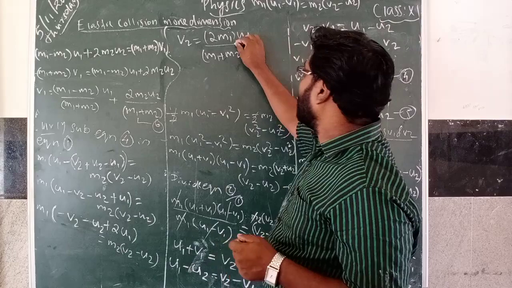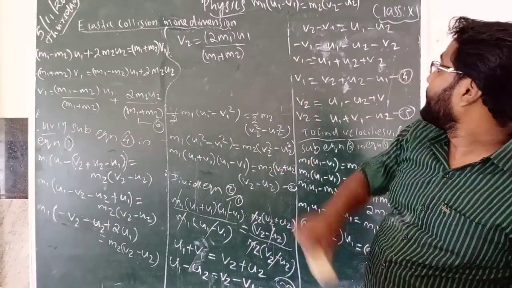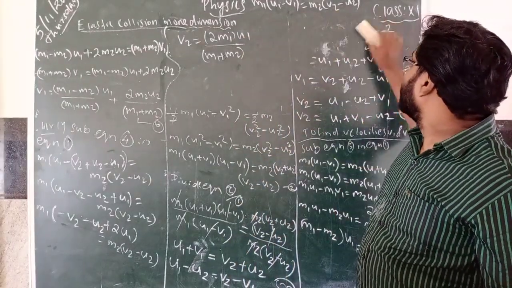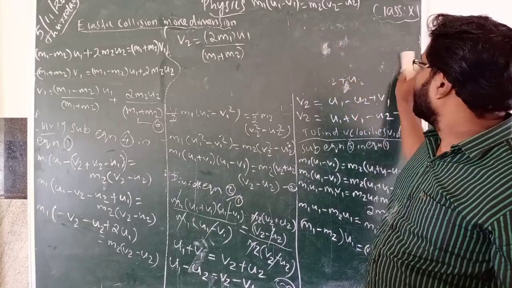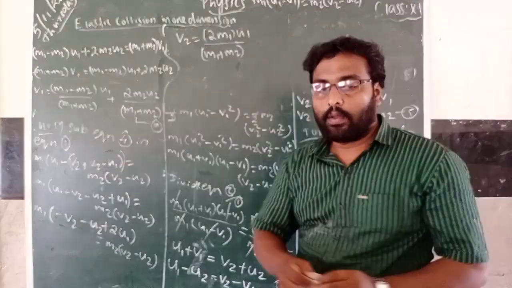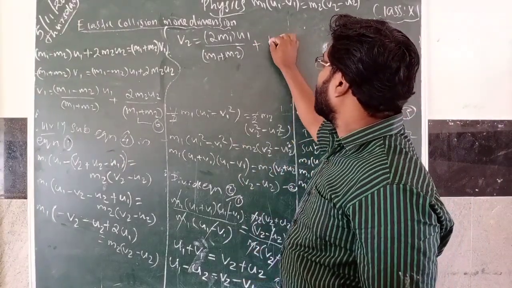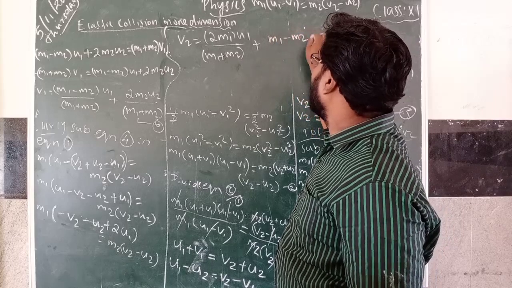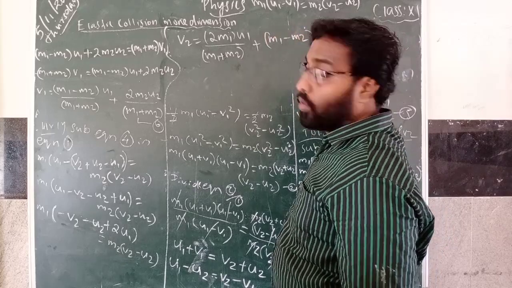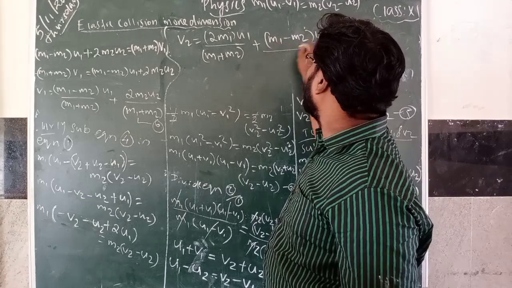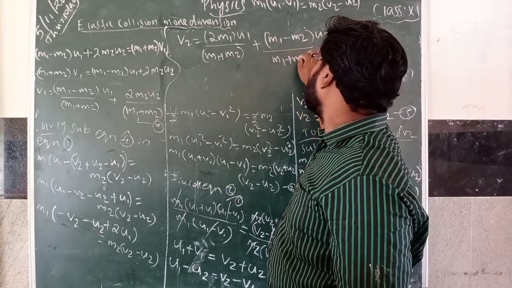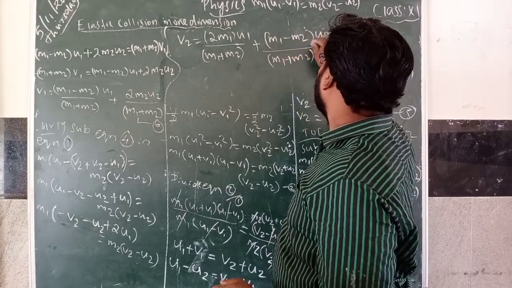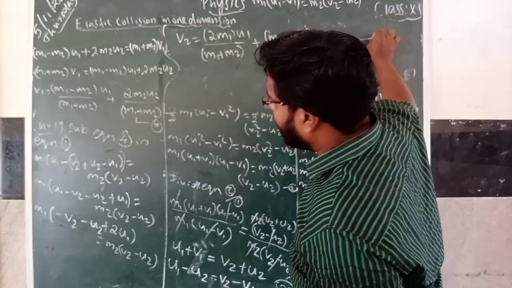U1 plus (M1 minus M2) U2 divided by (M1 plus M2). This we can take as equation number 7.